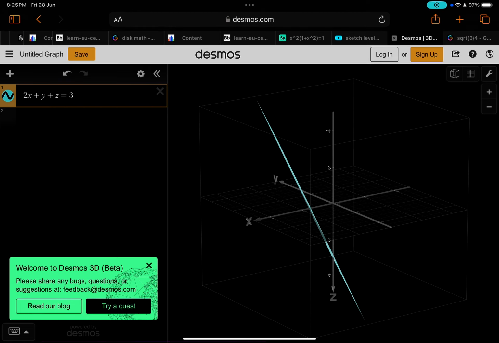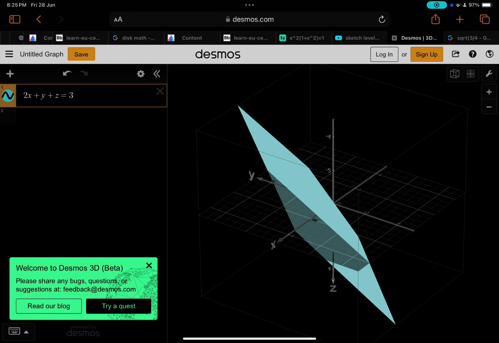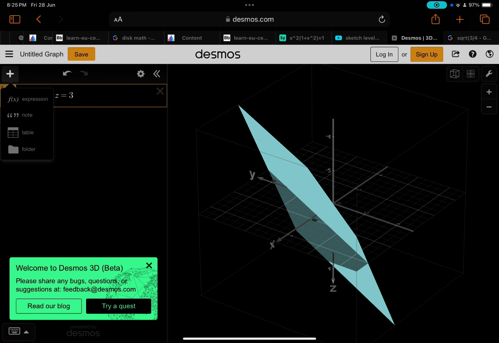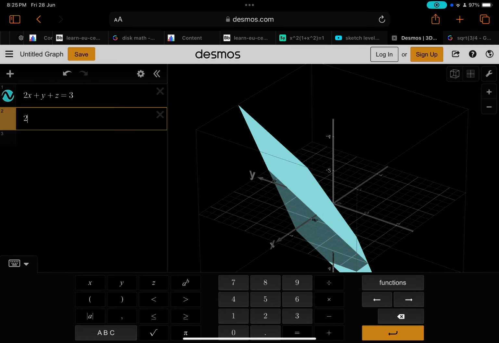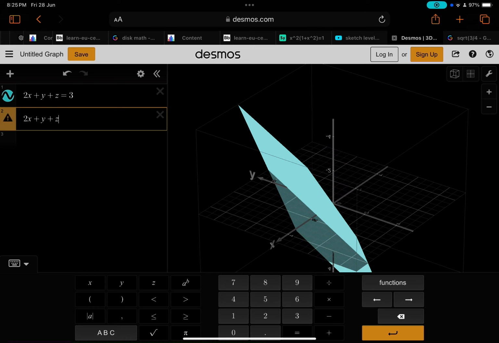It is an oblique shaped surface, and it intersects with the x, y and z planes.